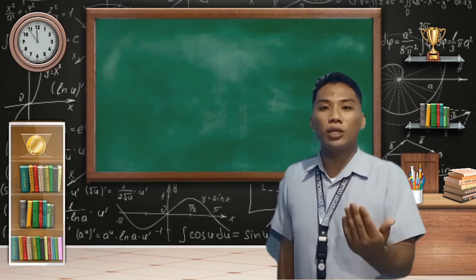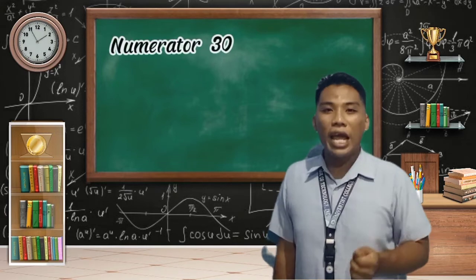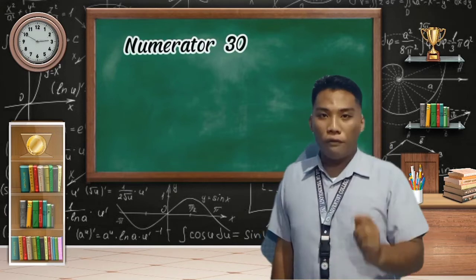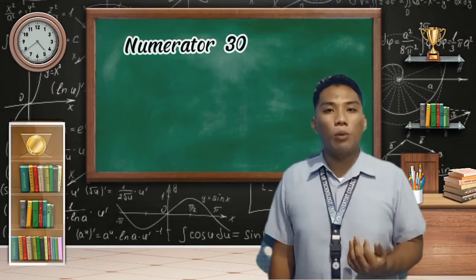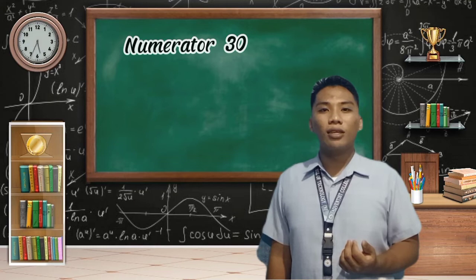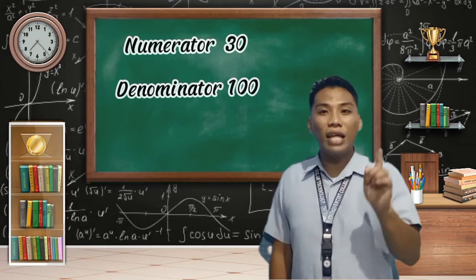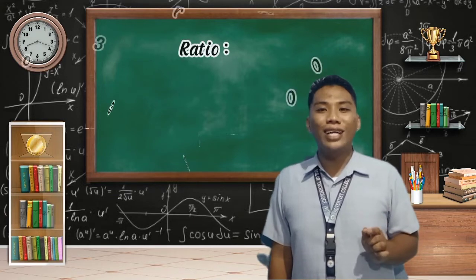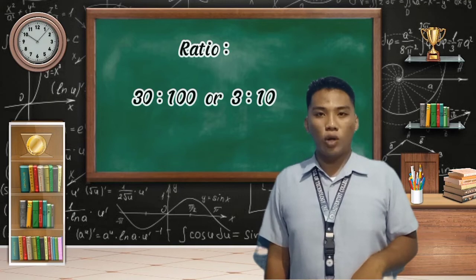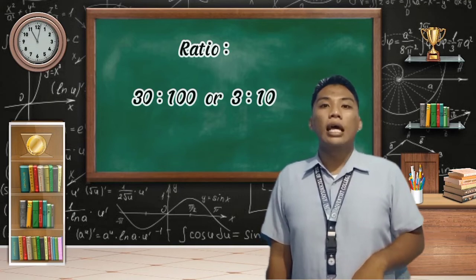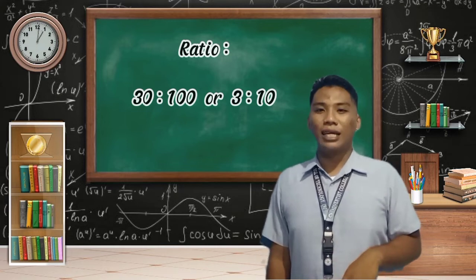So our numerator is, okay, very good, 30. So that is our first term, 30. Then our second term, our denominator, is, very good again, 100. So that's why we must write the ratio in the form of 30 is to 100. Or we must convert it into its simplest form, or 3 is to 10.